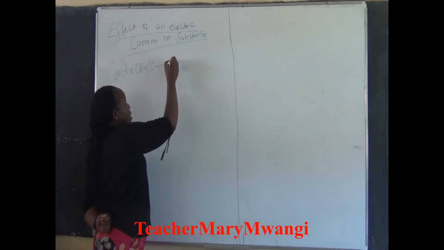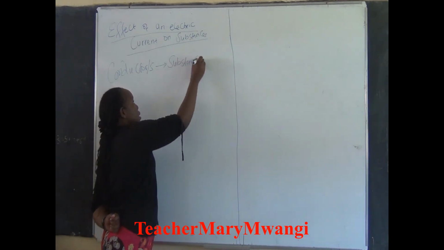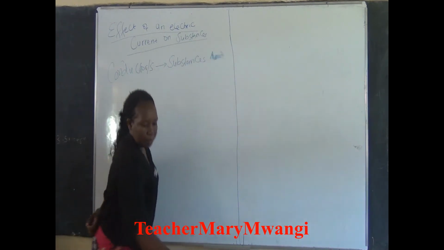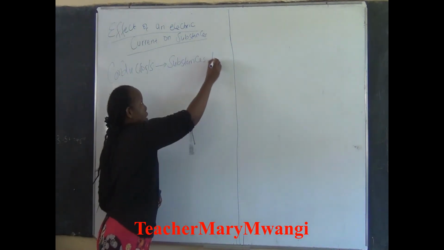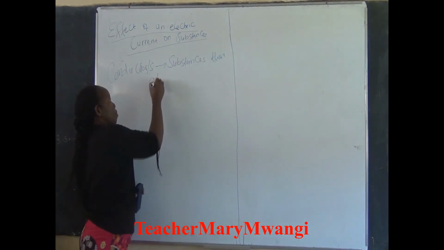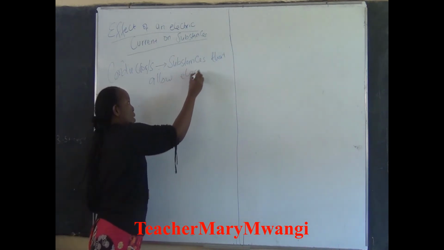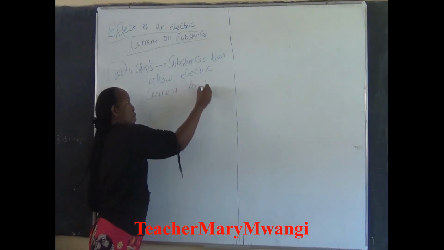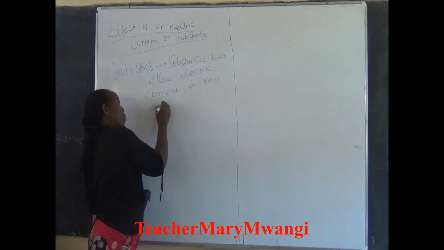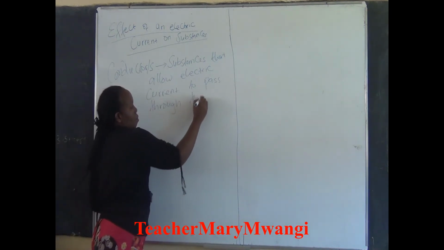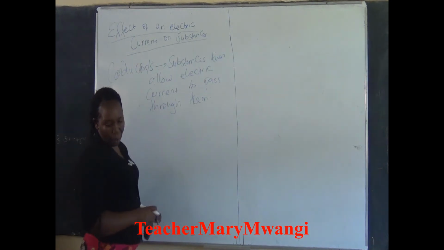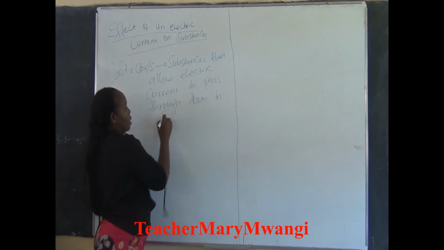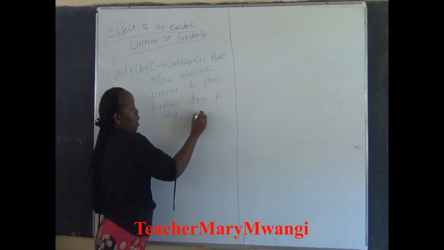These we define as substances that allow electric current to pass through them, specifically in solid state, are the ones that are referred to as conductors.